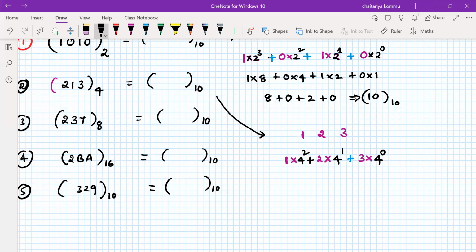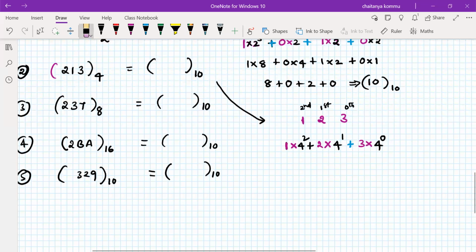So this is the 0th position, this is the first position, this is the second position. That's what I'm writing, the weights. I will write it here also, otherwise you will get confused. 1, 2. So what is the value then?